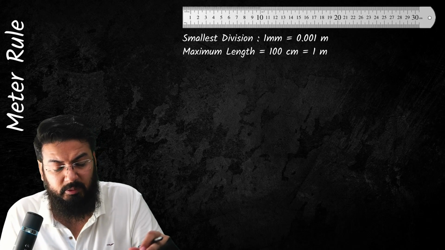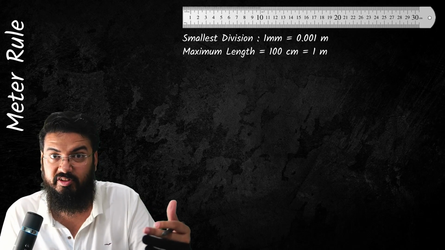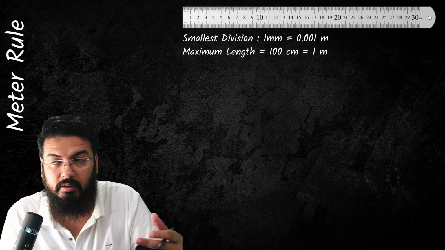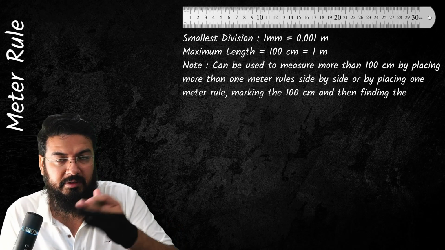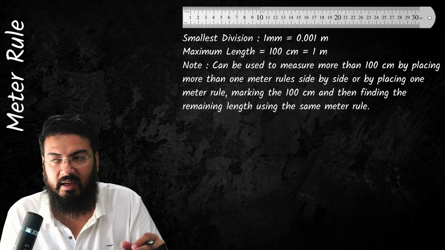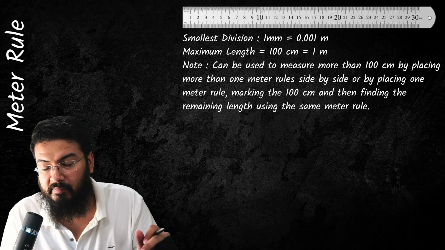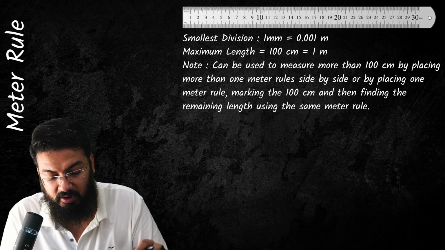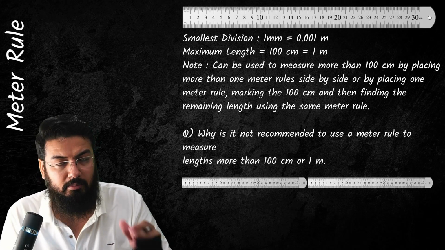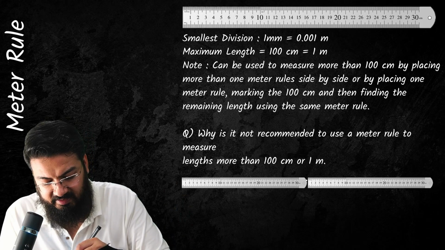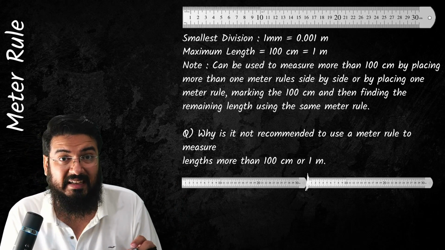Now what's the maximum length that you can measure using a meter rule? The maximum length is 1 meter, but technically you can bypass that. How? You can just keep several meter rules side by side and measure lengths more than 100 centimeters. But the problem with that is that when you have multiple meter rules side by side, there may be some gaps like we have over here, which can give you an inaccurate reading.